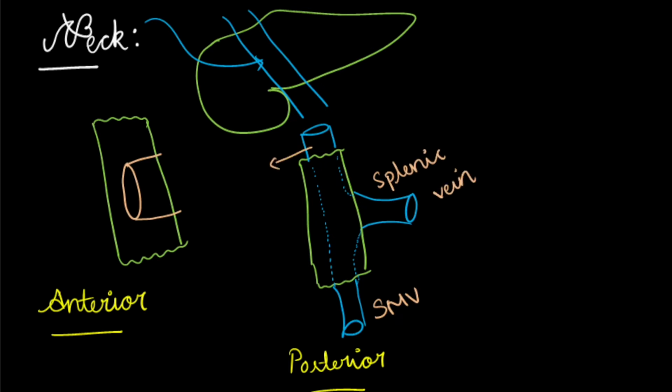Here you can see the portal vein which moves upwards and enters the porta hepatis. If you have any doubt regarding the portal vein anatomy, you can check our previous video. So this is all regarding the neck of the pancreas. The anterior surface is related to the pylorus and the posterior surface is related to the formation of the portal vein from the superior mesenteric vein and splenic vein.